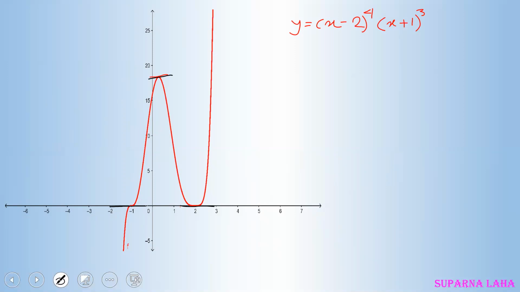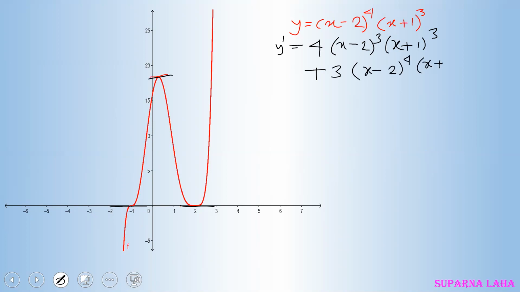So now check what f dash x is. y dash is given by 4 (x minus 2) whole cubed into (x plus 1) whole cubed plus 3 into (x minus 2) to the power 4 (x plus 1) whole squared.